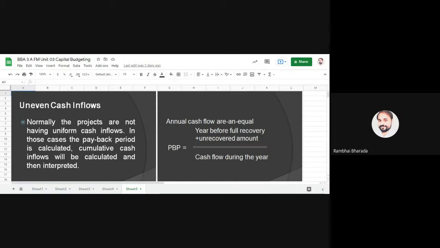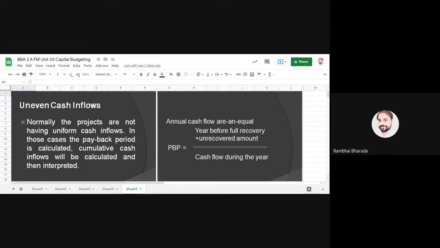So that's why the profit or the cash inflow is not equal for all the years. It's different from year to year, and that's why we have the next type of question in which we have uneven cash inflow. Uneven cash inflow means we do not have an equal cash inflow, equal profit for all the years. Are we clear about the background?